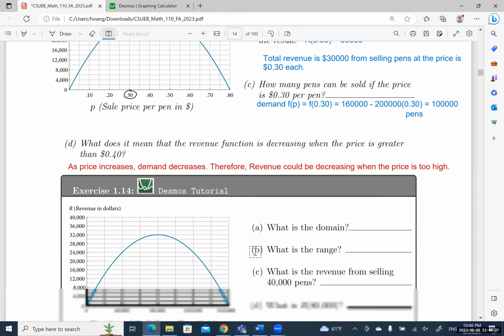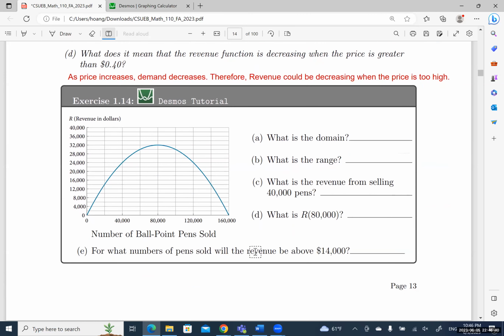All right, so now I will show you by using Desmos, and draw the points for pens and answer these problems, right? So let me see.